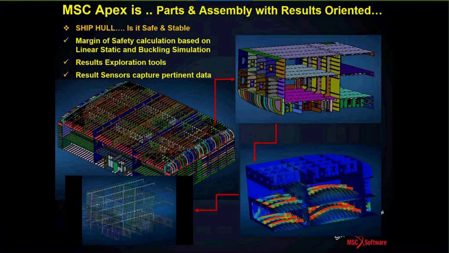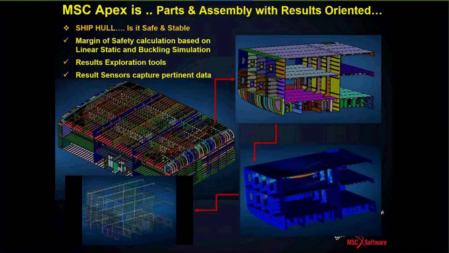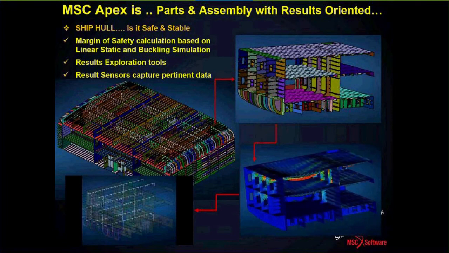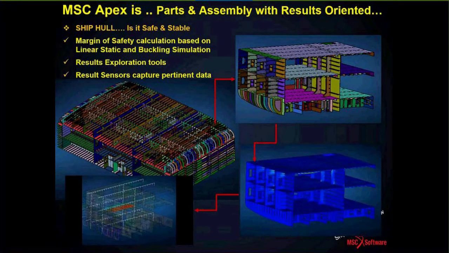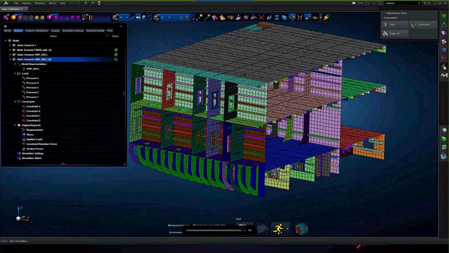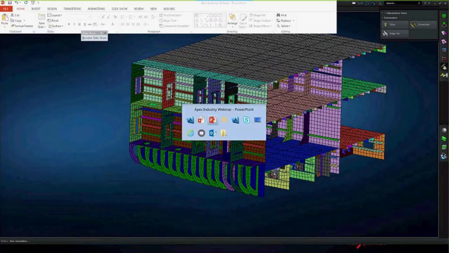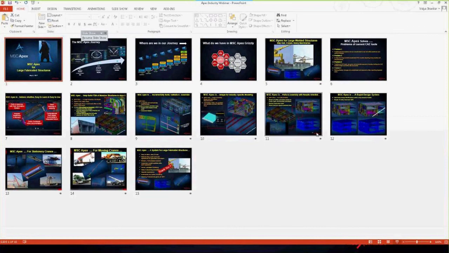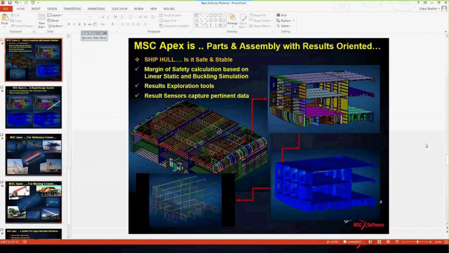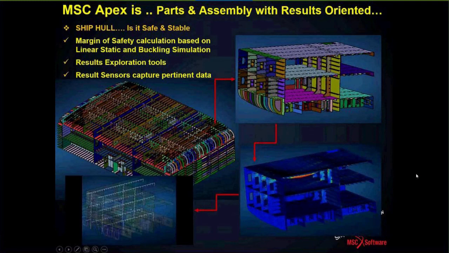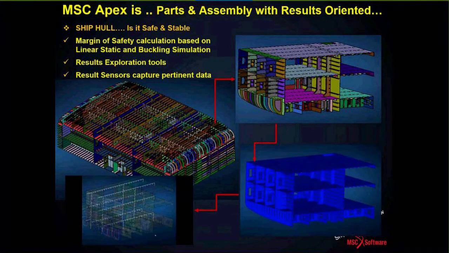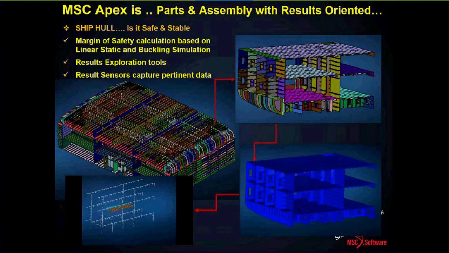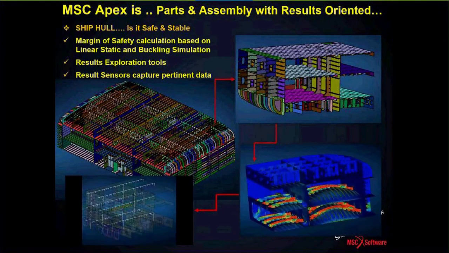We took the entire model, and with parts and assembly, assembled the model, and the objective was to make sure that we are getting the right results. And in Apex, you can ensure if the structure is safe and is it stable by conducting the linear static analysis to see that one, the stresses are well below the yield and the buckling behavior is well below the critical buckling.